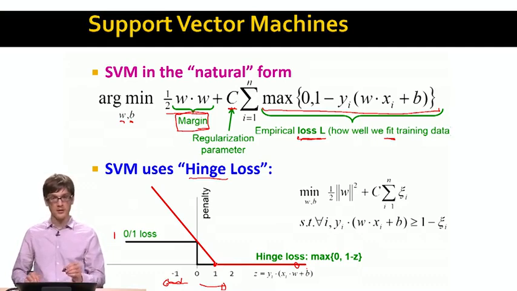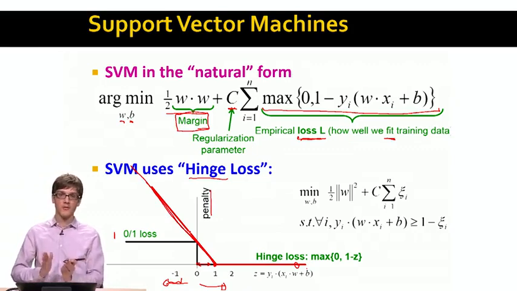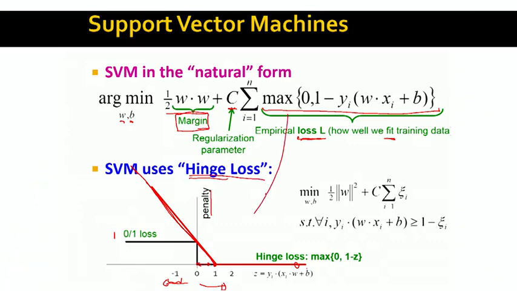However, if the point is inside the margin, so it can still be classified correctly but is too close to the boundary, or is actually on the wrong side of the boundary, then we are incurring a penalty, and this penalty is proportional to how far away our point is from the decision boundary. So this is what is called the hinge loss, and the support vector machine is exactly optimizing this hinge loss in the loss part of the term.